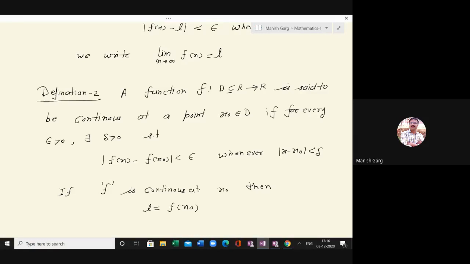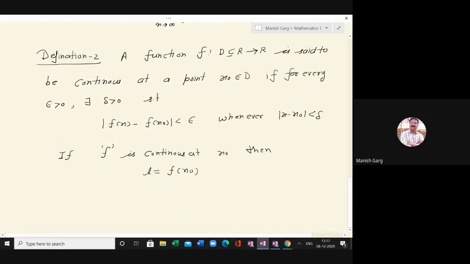But for continuity, the function must be defined at that point, and the value of the function becomes the limit at that point if the function is continuous. That's why you are also taking 0. This is the difference between continuity and limit.